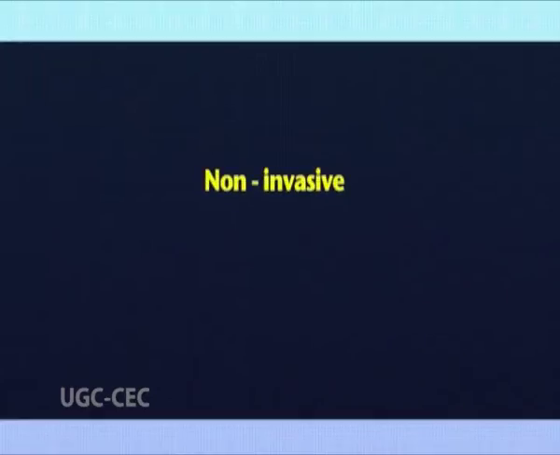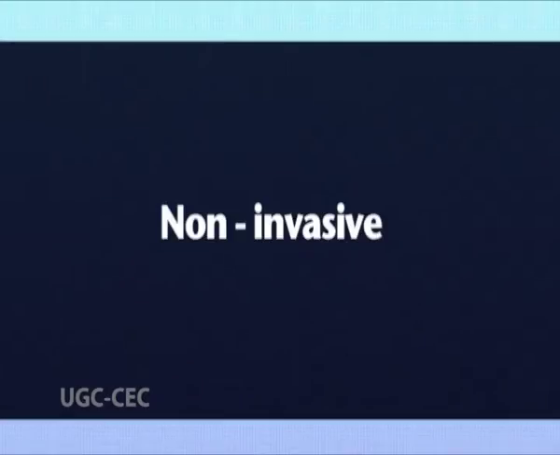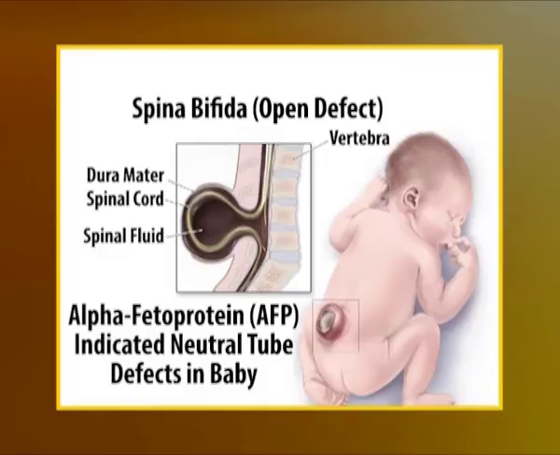Coming to our fourth objective, that is to study in detail the non-invasive and invasive techniques of prenatal diagnosis. First, we will discuss non-invasive techniques. First one is maternal serum screening. Estimation of maternal serum alpha-fetoprotein (AFP) concentration in the second trimester is valuable in screening for neural tube defects.